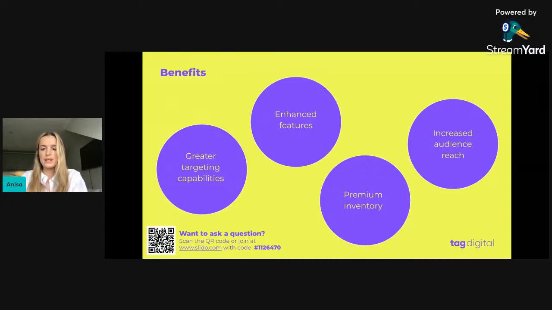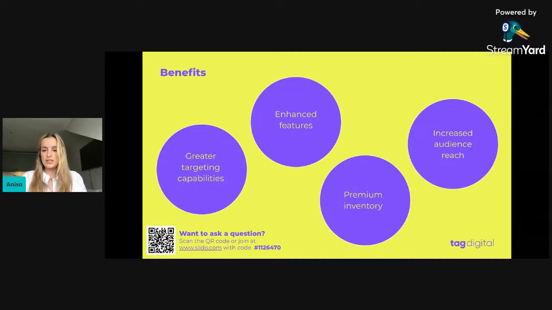And another benefit is increased audience reach and premium inventory. Google Ads reach is limited to just the Google Display Network, which reaches out to 200 million websites, while DV360 is reaching out to over 90% of all sites, which is around 1 billion websites.